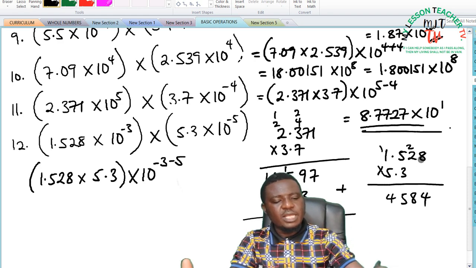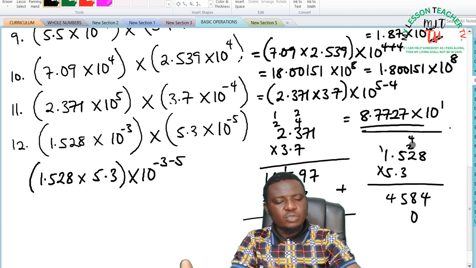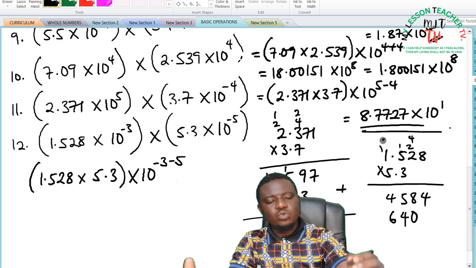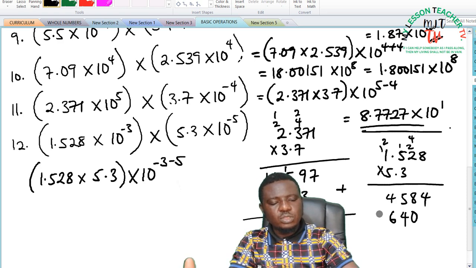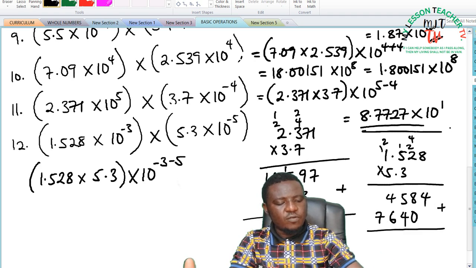5 times 8 is 40. 0 carry 4. 5 times 2 is 10. 10 plus 4 is 14. Carry 1. 5 times 5 is 25. 25 plus 1 is 26. 6 carry 2. 5 times 1 is 5 plus 2 is 7. So when you sum this, you have 48908.